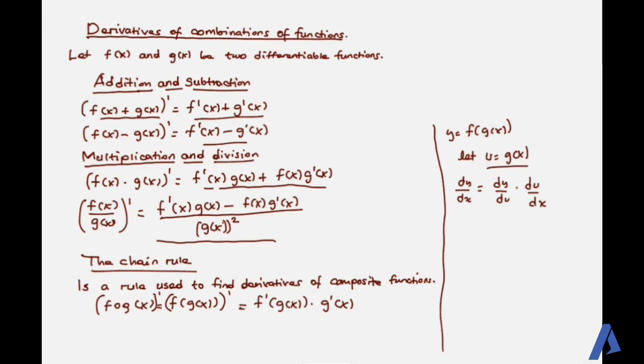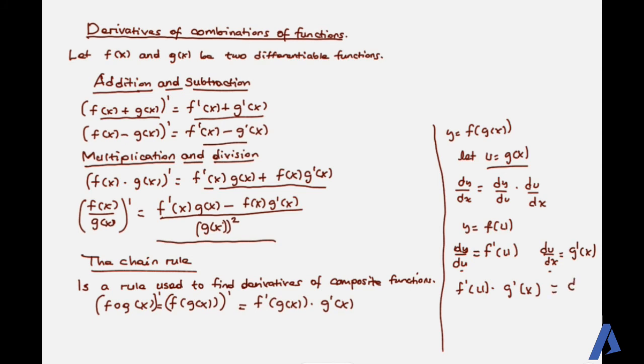So accordingly, if u is g of x, then y is equal to f of u. After that, dy by du is equal to f derivative with respect to u. Then du by dx, the same way, is equal to g derivative of x. So when we multiply the two, what comes? f derivative of u multiplied by g derivative of x, and the product of the two is dy by dx.